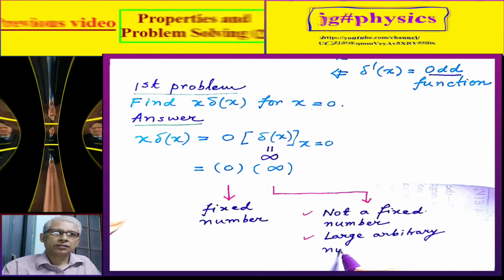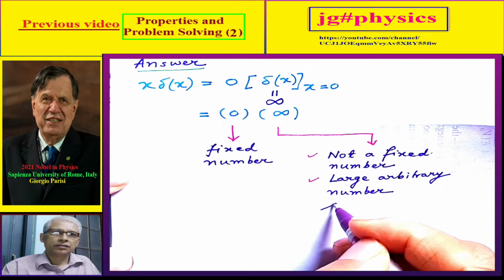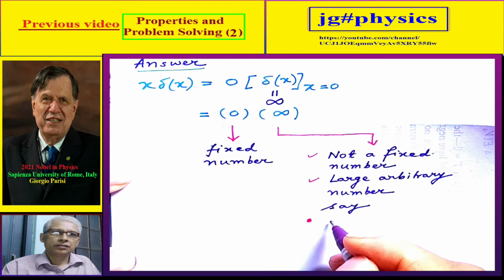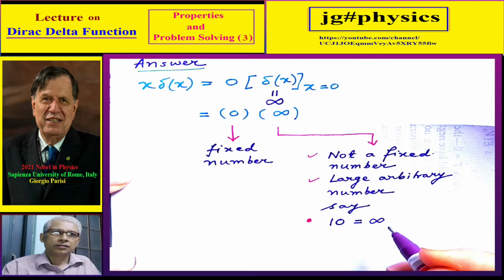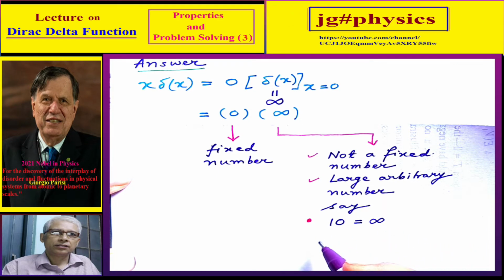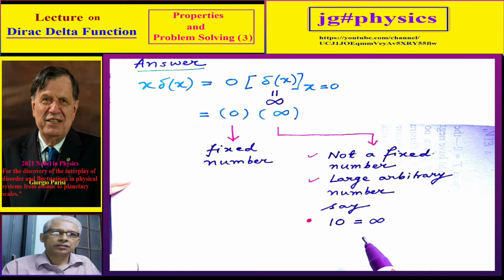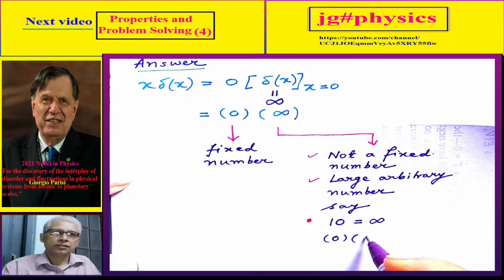Let us give some example. Say 10 can be taken to be infinity if I count up to 9 and cannot count thereafter. So 9 is the limit, and above it we have 10, so 10 is the infinity in our case, and 0 into 10, which is infinity, is 0.